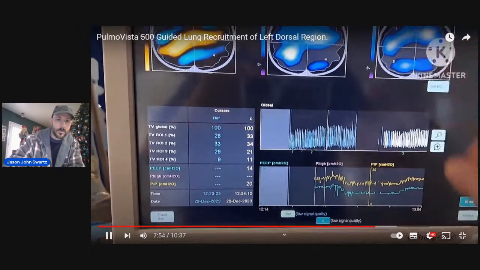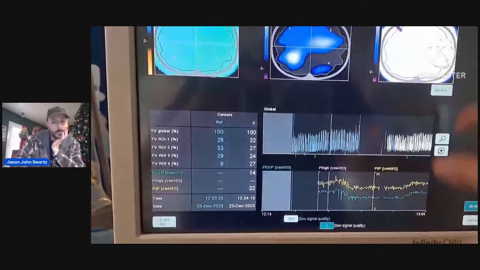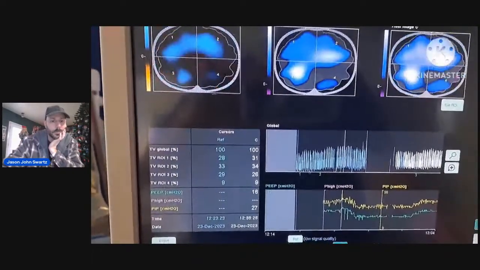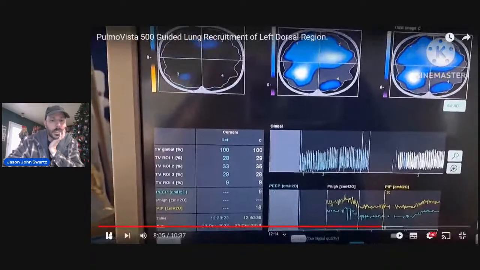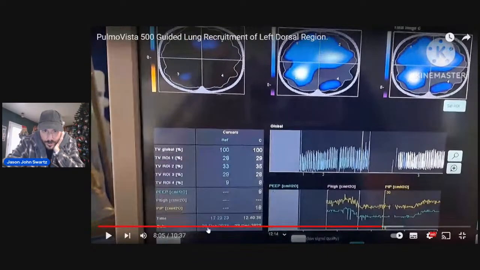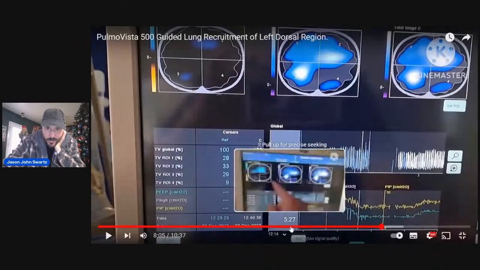Once in a while you'll see interference, they were touching the patient. This is from 12:23 to 12:40. In all, I think this occurred over about 45 minutes.